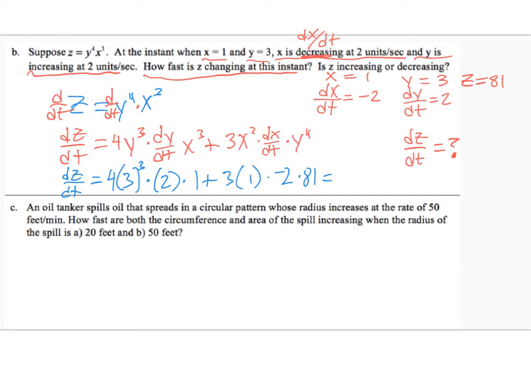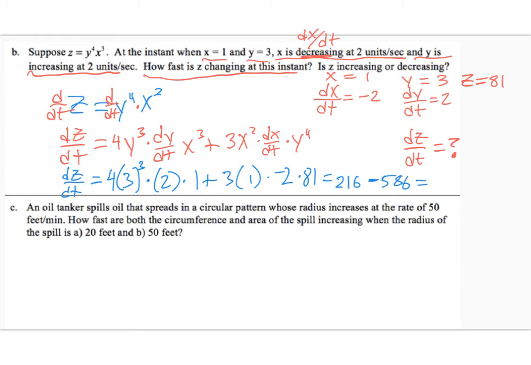I'm just going to do some simplifying. 4 times 27 is going to be 54, and then 108 times 2 is 216. I'm sure if I messed that up, you'll let me know. Then we got -162 times 3 is going to be -586.